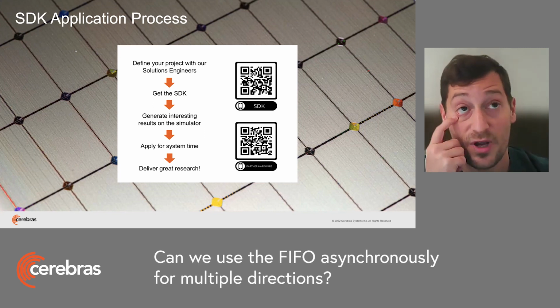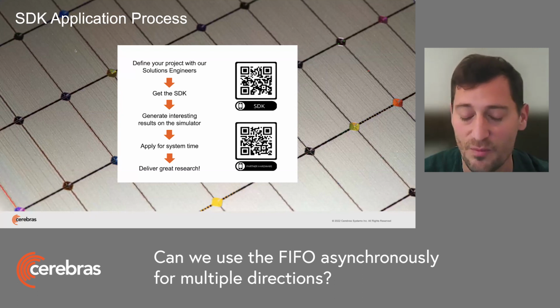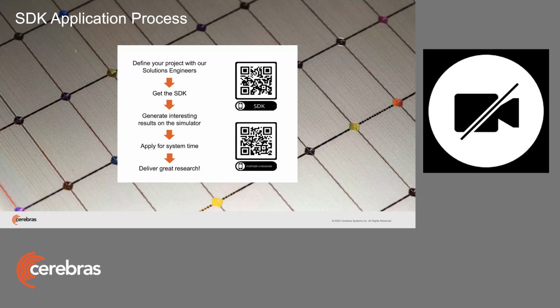I see. So your question is whether we can use the FIFO asynchronously for multiple directions. Is that your question? Yes, and it's up to 8 because there are only 8 banks in the SRAM.